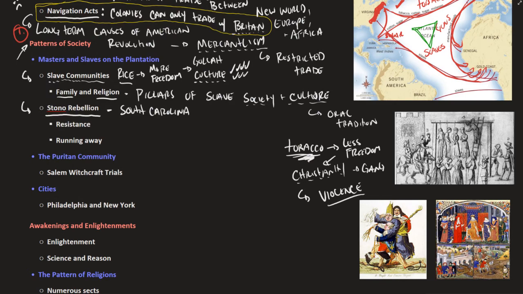I believe it's 1720, I want to say. Nope, 1739. And this was the most deadly slave revolt occurring in South Carolina.